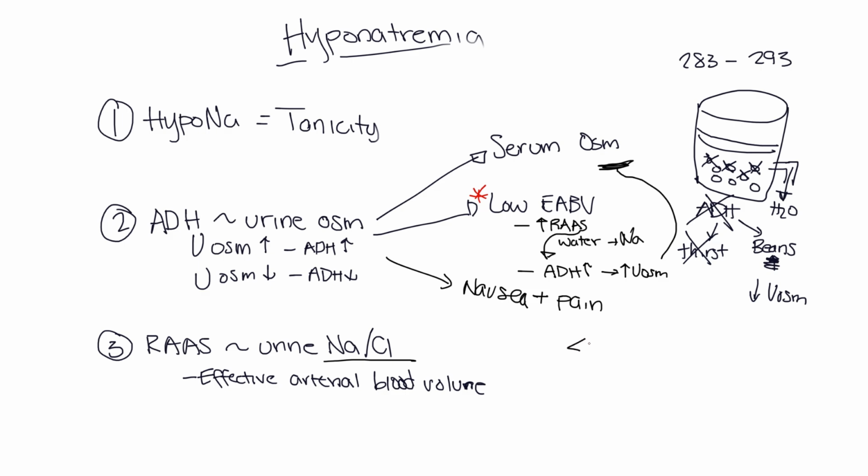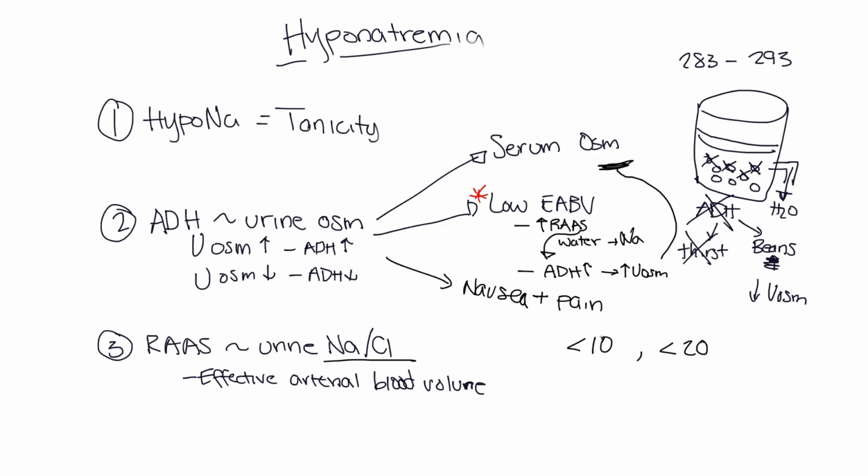Some centers use less than 10 on their studies, and some centers only less than 20, but really it should not be detectable. It may be 15, right? But that means RAS is not as maximally active as we expect it to be, and you really should start looking for other triggers. I know traditionally they may teach you greater than 40 is not very RAS active, or sodium avid.